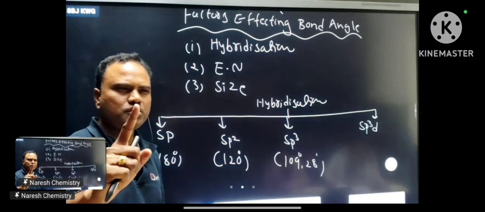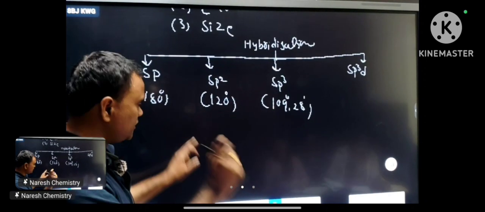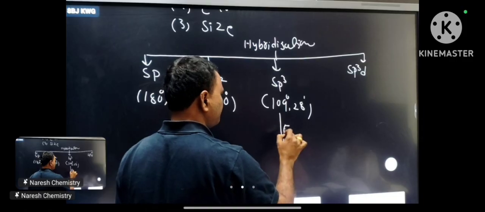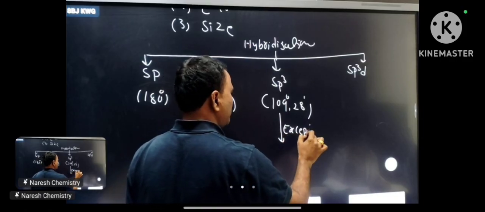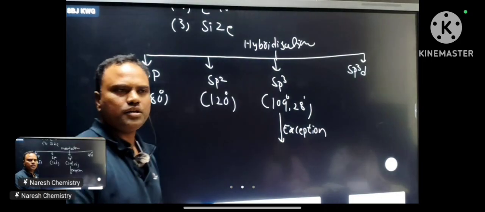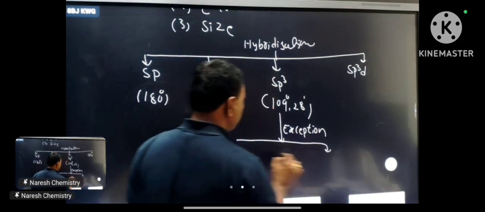One exceptional case is very important. Even though the hybridization is sp3, the bond angle is not 109 degrees 28 minutes. We have two exceptional cases.